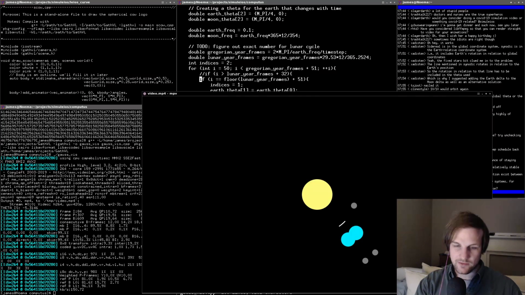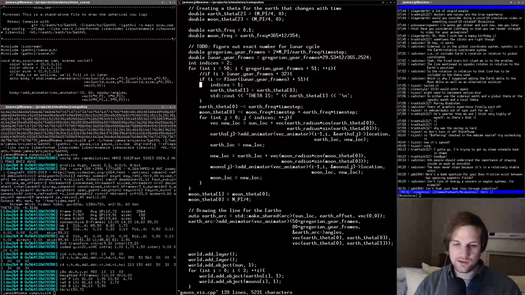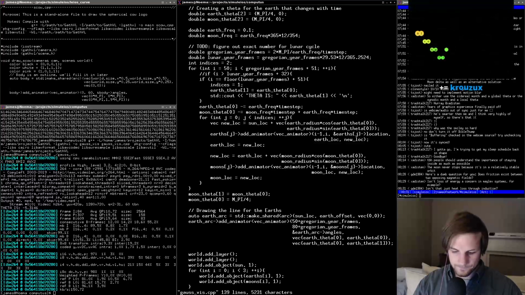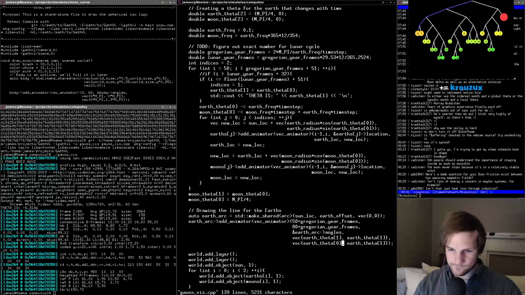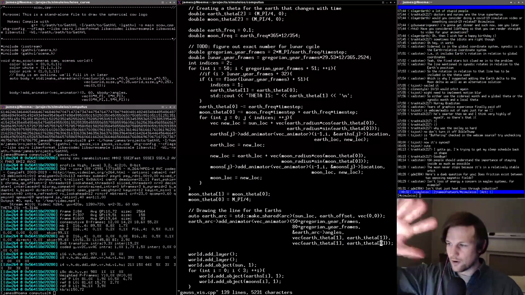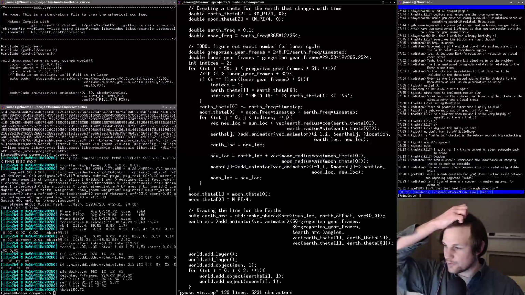So we had an angle from one to the other. What I want to do is flip those angles and figure out some other things about this that are kind of weird. So we'll start it on Earth theta 1. And we'll end it on Earth theta 0. Okay. And then the next thing I need to do is figure out why our arc is so far away from where we want it to go.